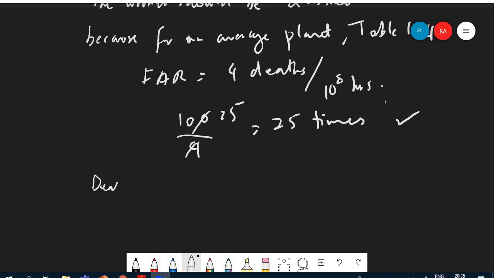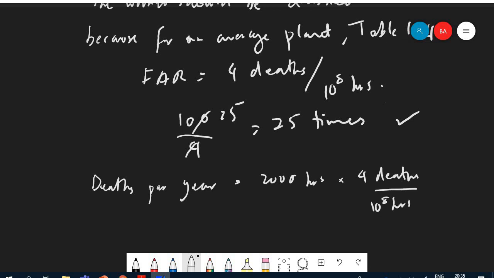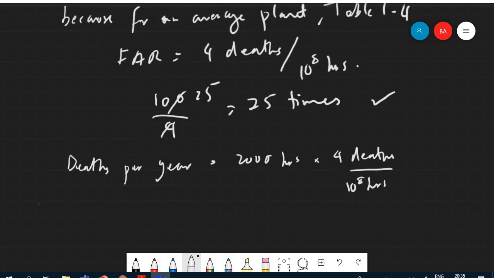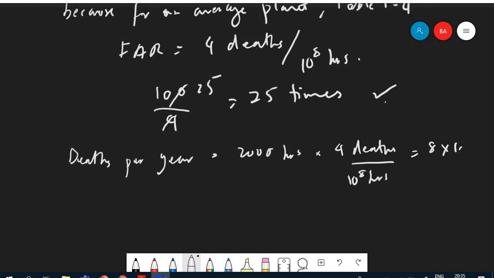When you go to the number of deaths per year, which is 2,000 hours multiplied by 4 deaths over 10 to the power 8 hours, calculating per year, it will be 8 into 10 to the power minus 5.